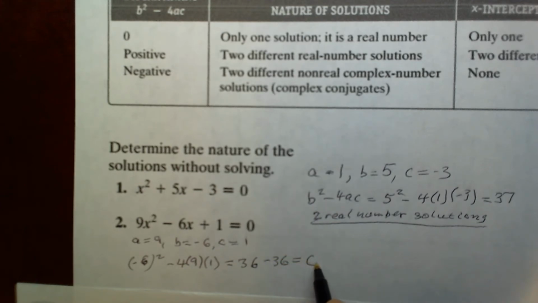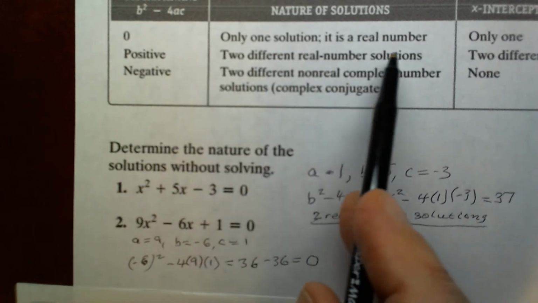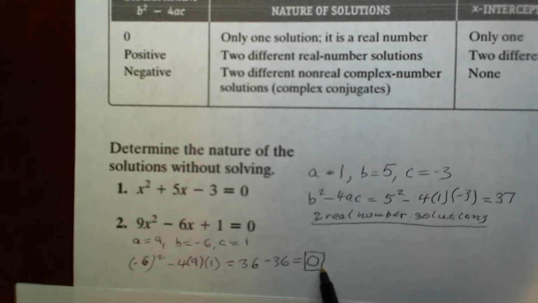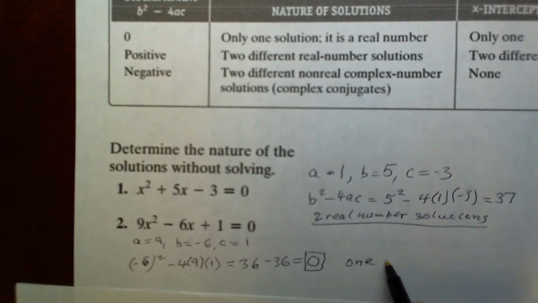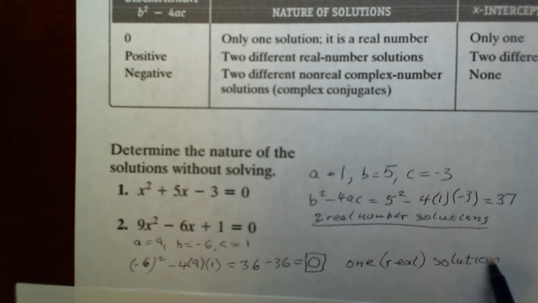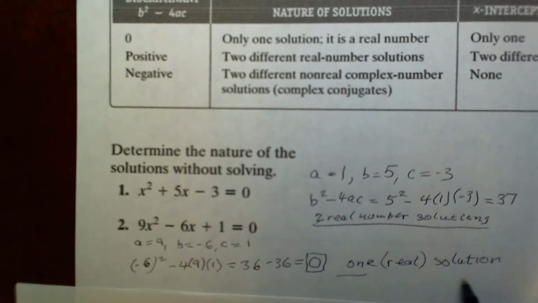That's equal to 0, so the discriminant is equal to 0, and that means we have one real solution. We don't need to say real, but one solution, because as we know, if they're complex, they show up in conjugates.